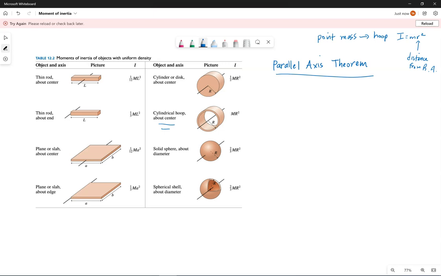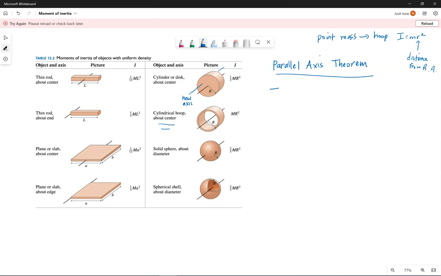So, for example, on this cylinder, if the axis is parallel to the one in the picture, to the one that goes through the center, but it doesn't go through the center, this would be our new axis. Since this specific rotation axis is not one of the ones in the picture, we need a way to be able to calculate for it.